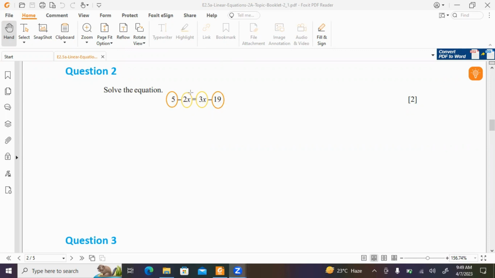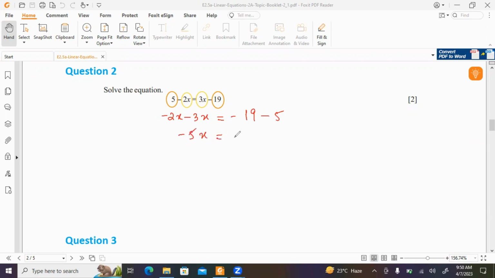So I'm going to take 3x to the other side, so negative 2x minus 3x. Since we took 3x to the left-hand side, its sign became negative. Same goes for 5. Initially, it's positive, but on the right-hand side, it's going to be negative. So negative 2x minus 3x is negative 5x.